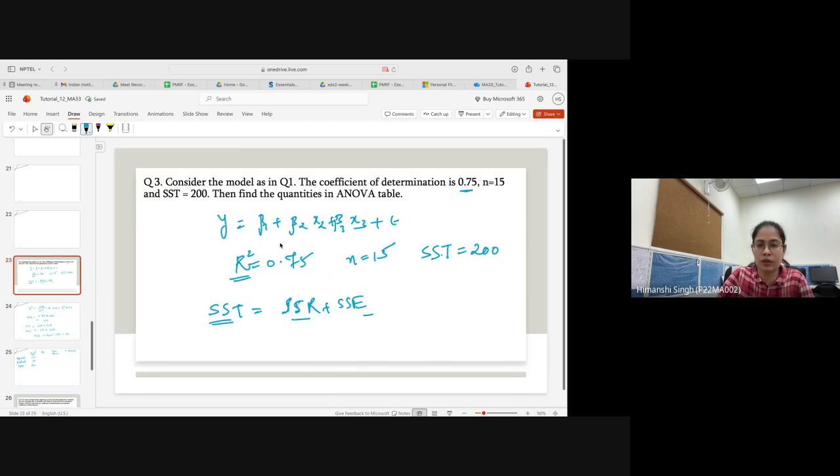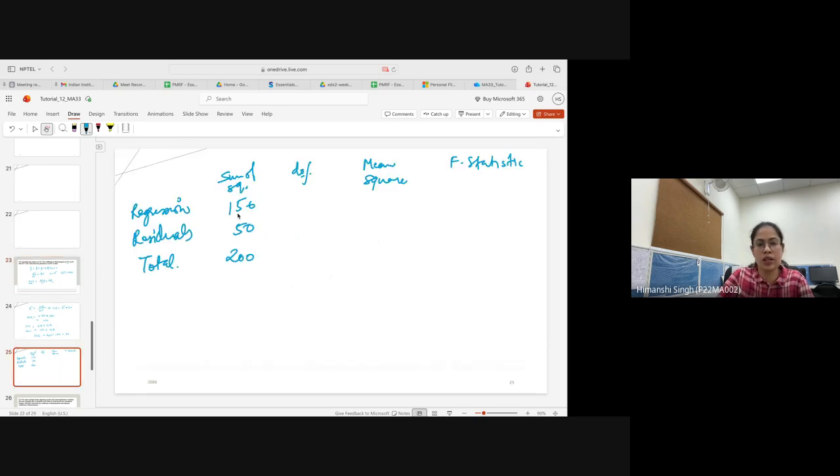Now if we talk about degrees of freedom, we have k equal to 3, and explanatory variables are 2. So degrees of freedom for regression is k minus 1, that is 2, the number of explanatory variables. For residuals, it is n minus k.